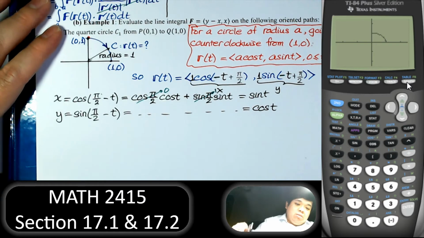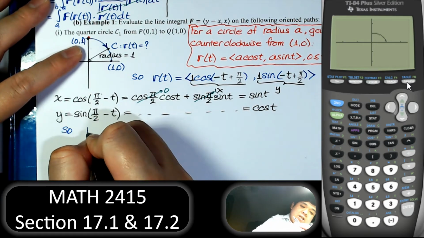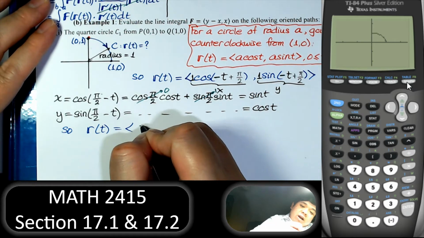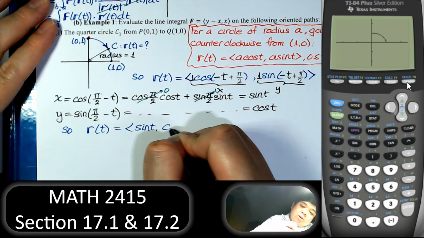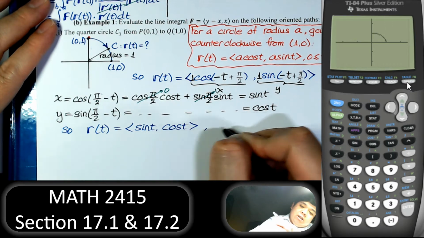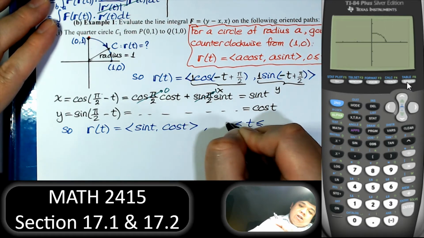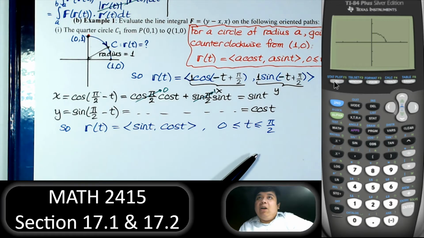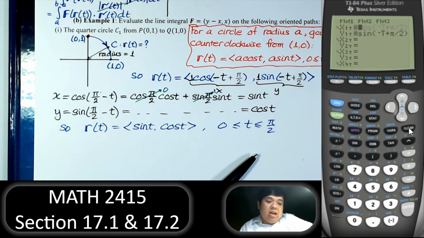Bottom line, to simplify, the parameterization should have been just sine t, cosine t, where t is between 0 and pi over 2.